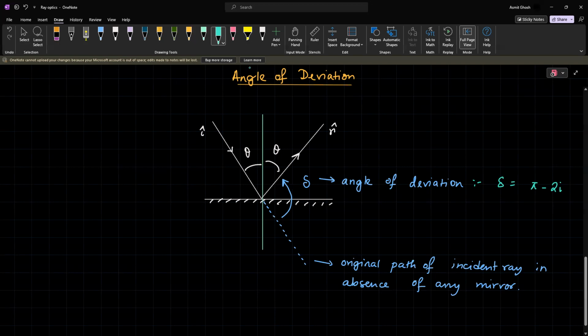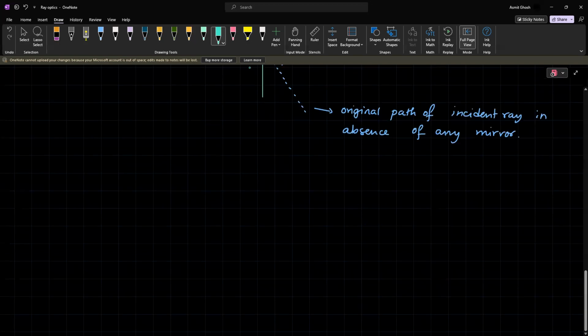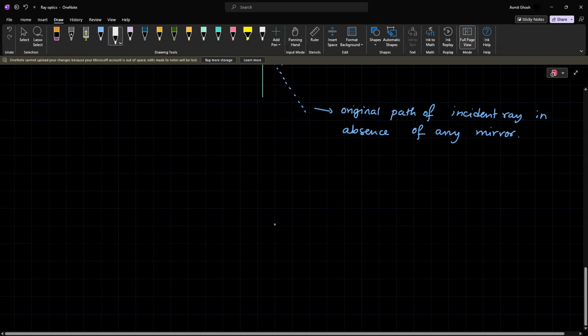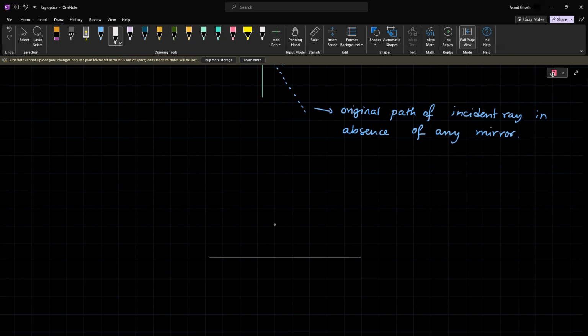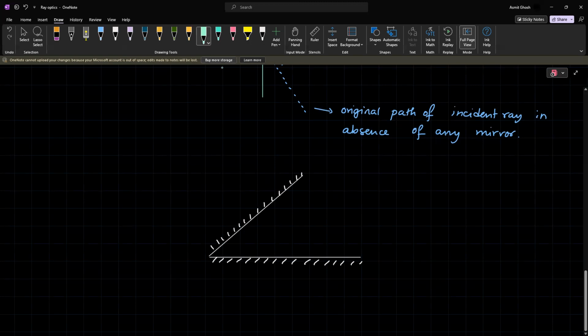Now, let us consider another example where, say, there are two mirrors. One here and another one here. Okay, so let us say we have the incident ray starting over here.